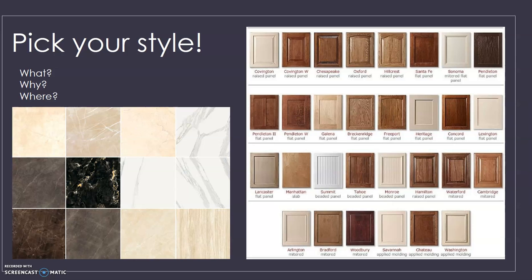So if you're designing for a cabin, you want to go with something less formal, maybe lighter colors. If you're designing for a high end, probably a darker wood or a little sheen to it. So think about what your style is and go for it.